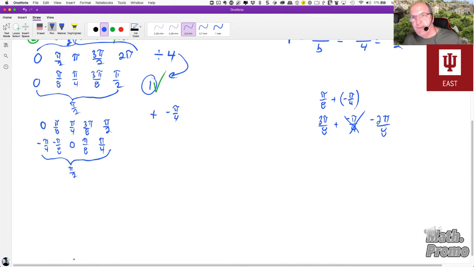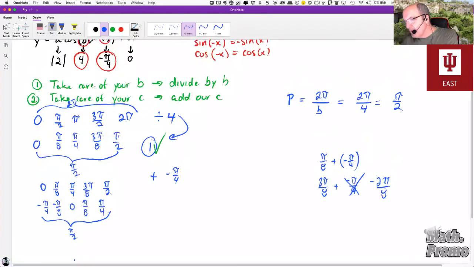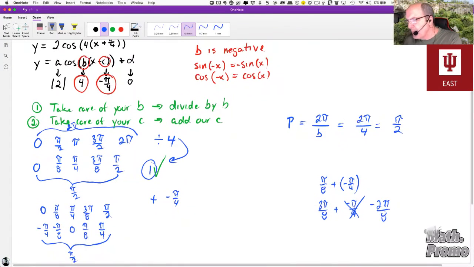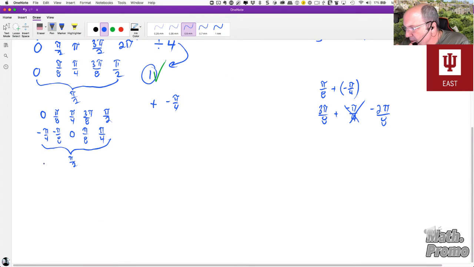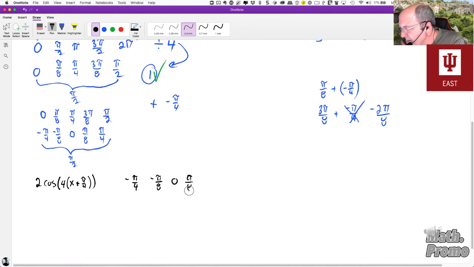So now, if you're going to deal with this original function up here, this 2 cosine, let me bring it down here. We have our function here. If we're going to take our 2 cosine of 4 times x plus pi over 4, we know d is not there. We know that our key points for that function are going to be negative pi over 4, negative pi over 8, 0, pi over 8, and pi over 4.